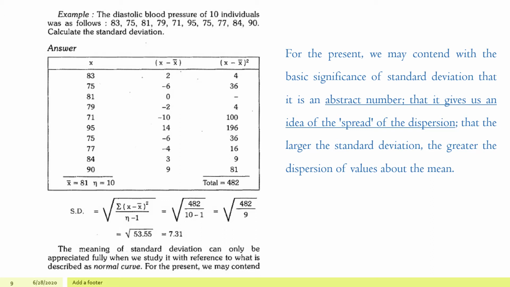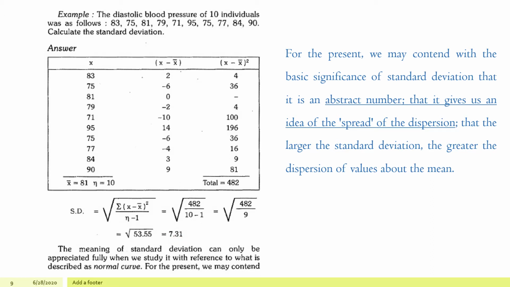So after substituting, 482 is the summation of (x minus x bar) whole square value. 10 is the sample size, so 10 minus 1 is 9. If you divide 482 by 9, you will get 53.5. So the square root of 53.5 is somewhere around 7.31.